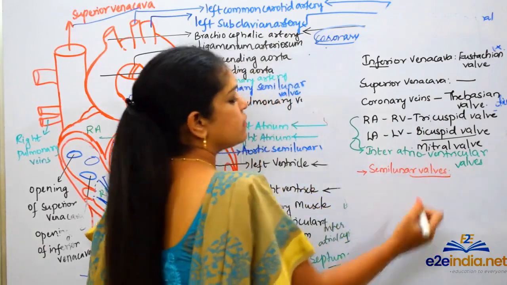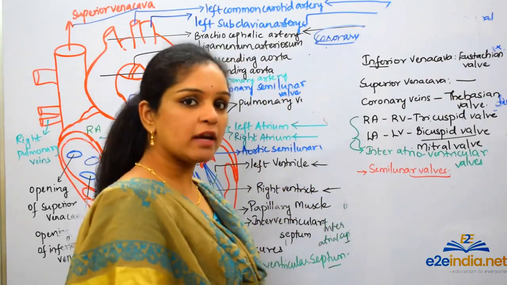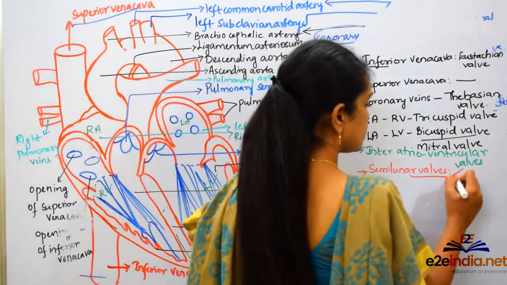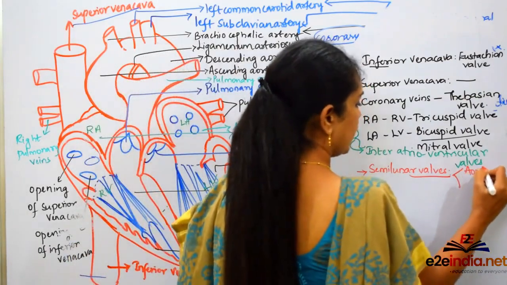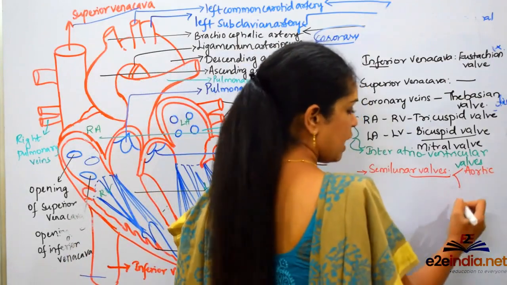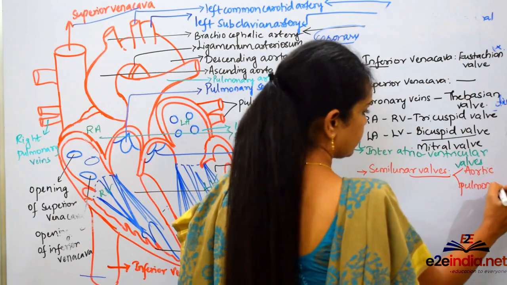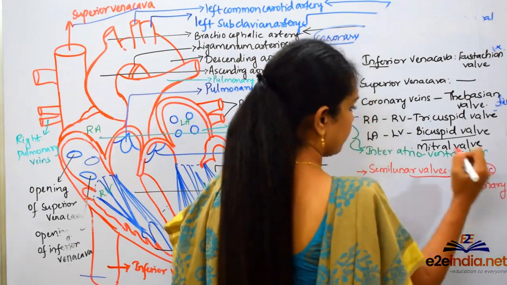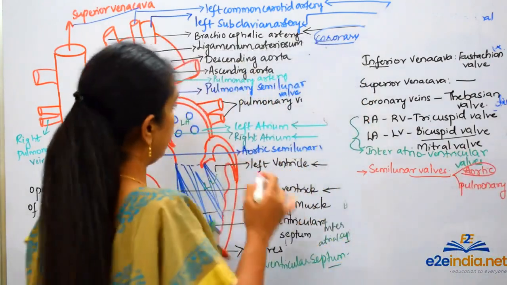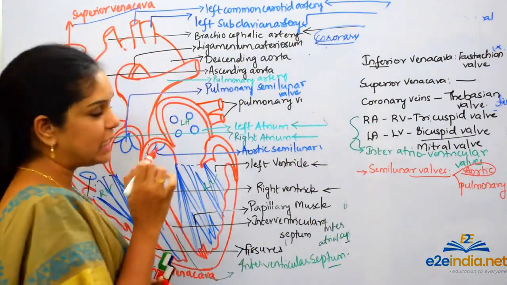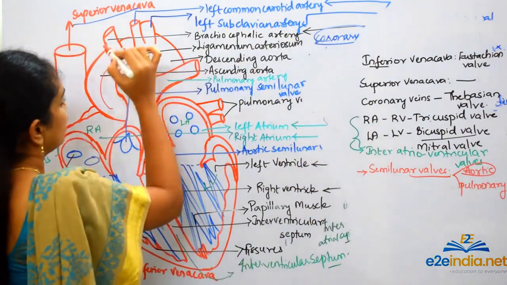Apart from these, there is a pair of semilunar valves. How many semilunar valves are there? Two types: the aortic semilunar valve and the pulmonary semilunar valve. The aortic semilunar valve is present at the base of the aortic trunk, here at the aortic arch.